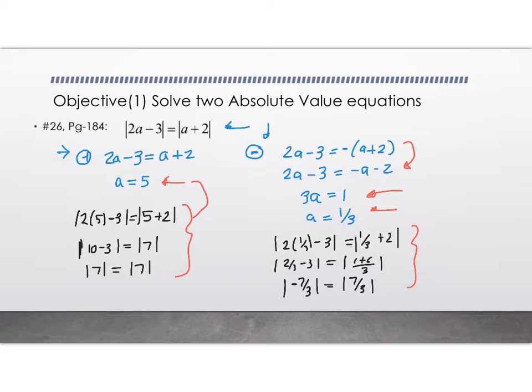When we do the arithmetic, we see that we get the absolute value of negative 7/3 is equal to the absolute value of 7/3. But the absolute value of negative 7/3 is positive 7/3, so it checks out. So both solutions work in this case. The solution is 5 and 1/3.